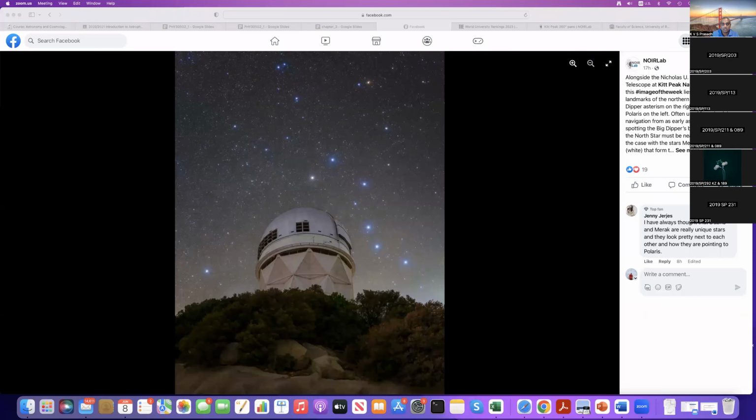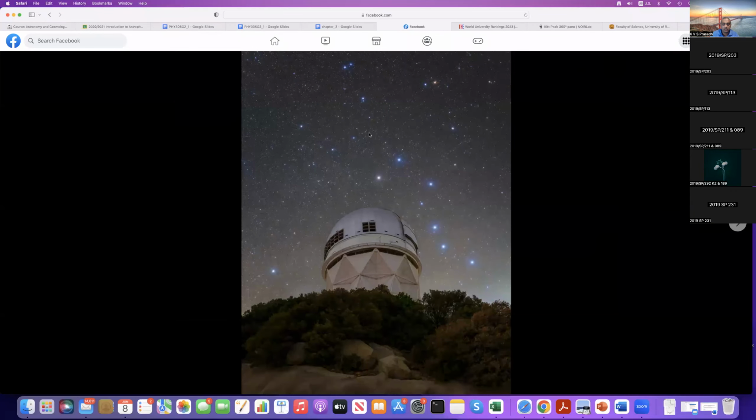This is just to show you how these things are applied, right? I think all of you can see this particular image, right? So this is one of the beautiful images taken at the Kitt Peak National Observatory, and this is located in Tucson, Arizona.